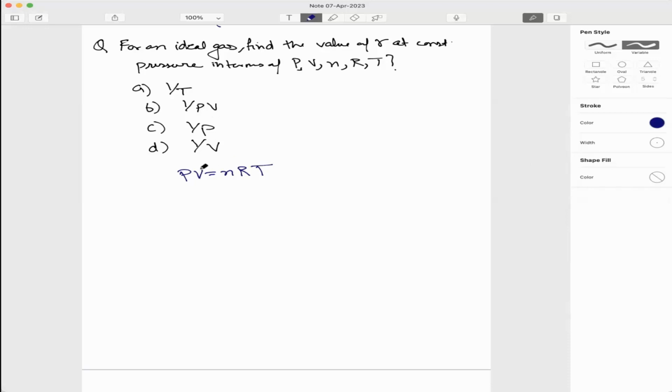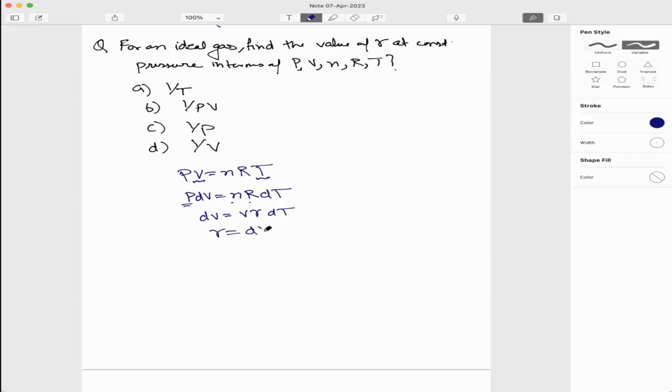As gamma is related to the volumetric expansion, and that comes because of the change in temperature, we know that P dV is equal to nR dT. It is given at constant pressure, so pressure is not changing, and R is anyway constant. We know that dV is equal to V gamma dT.